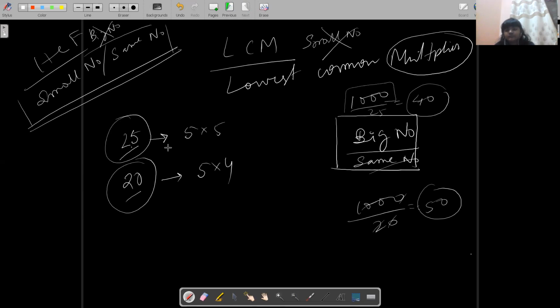So what is a multiplier? Something from which, if we divide these numbers, we'll get a normal number, meaning there should be no remainder. I can't take 999 because it is not divisible by 25 or 20.